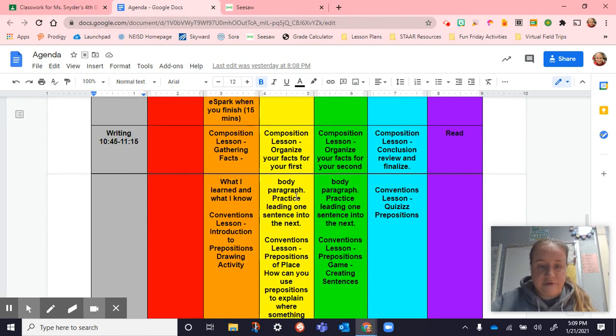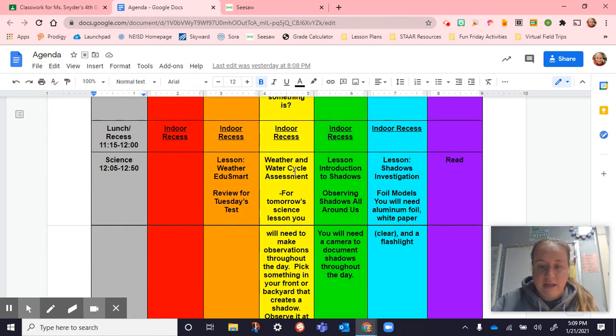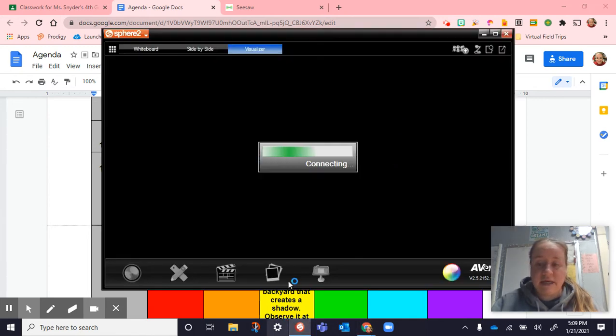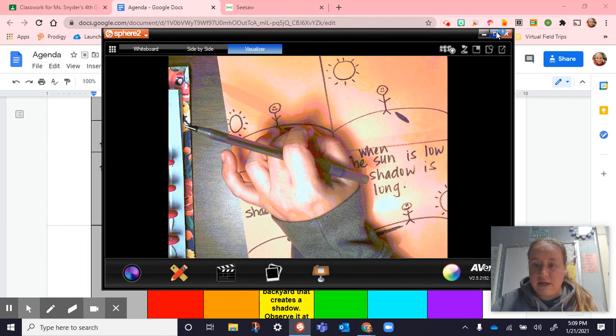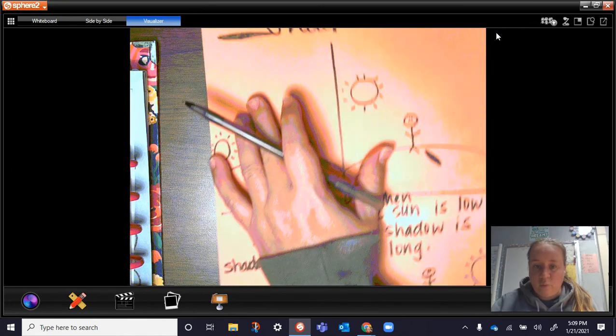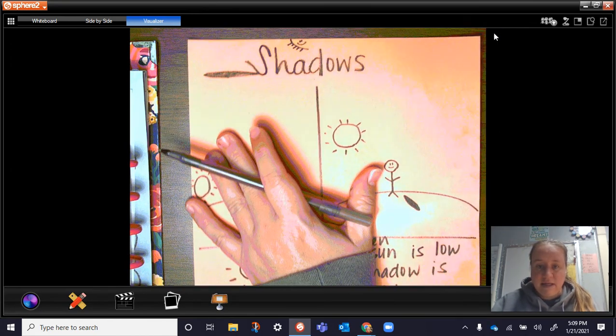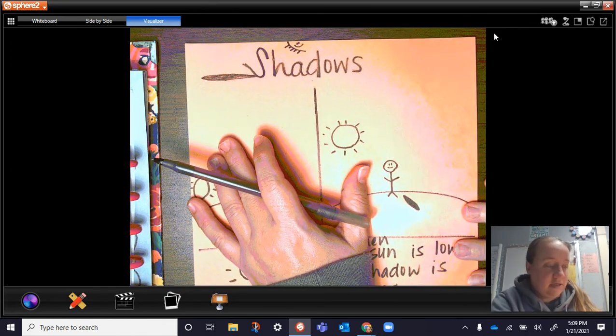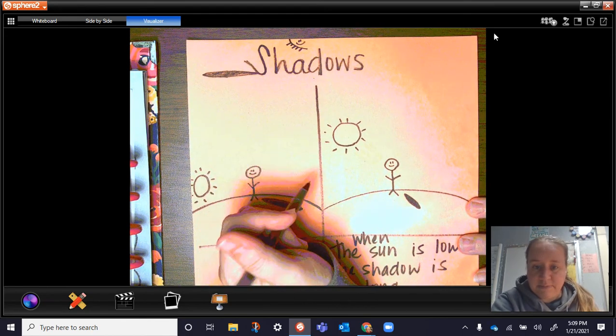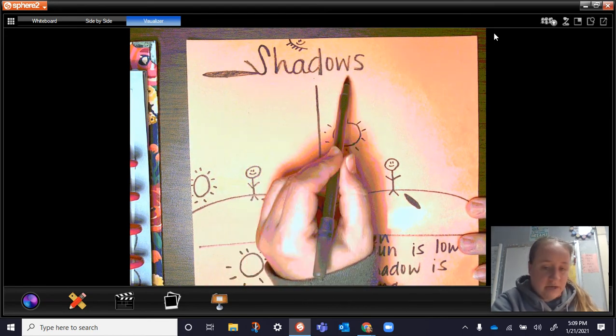All right, so after lunch and recess, we came back and we started talking about shadows. Now, for shadows, we had to scratch our lesson completely because it is very yucky outside and kind of misty and wet. So we did what we were going to do outside on paper. So titled it Shadows.